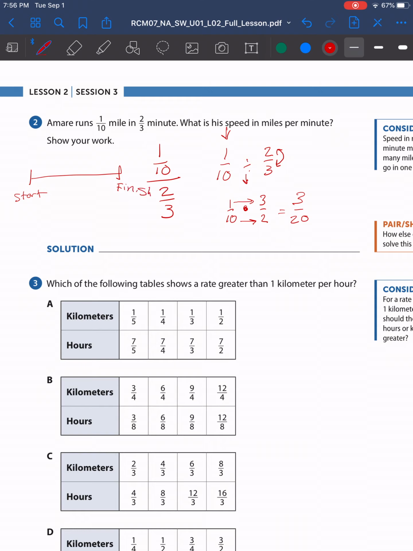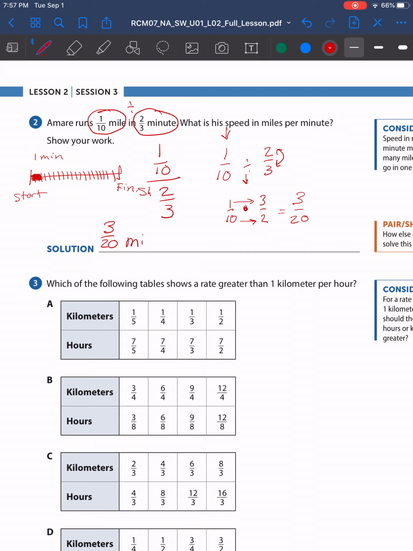And if I split this up into 20 pieces, that means he can run 3 of those in 1 minute. Okay? And we solved that by dividing the miles per the minutes. So here's my solution.